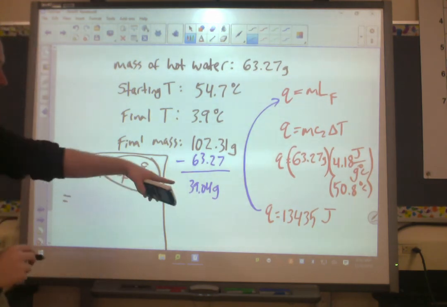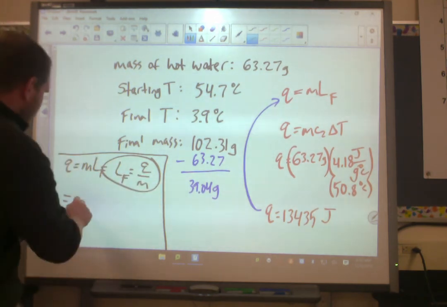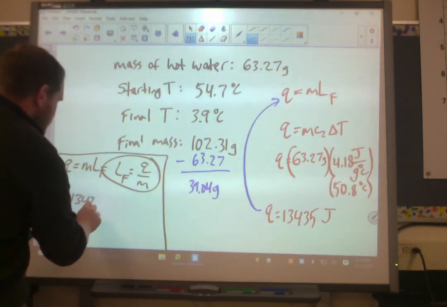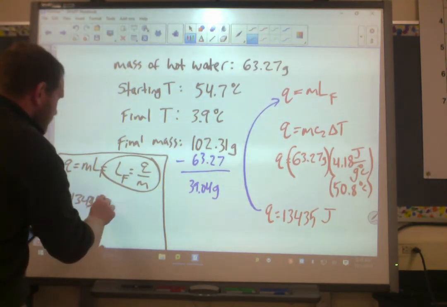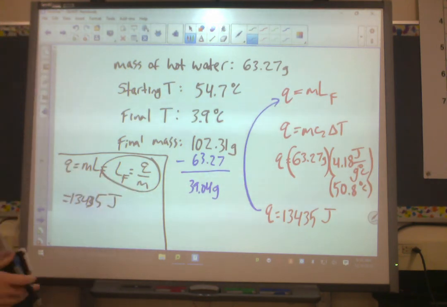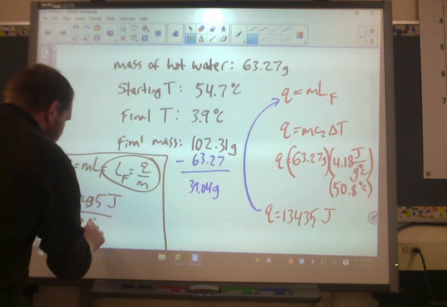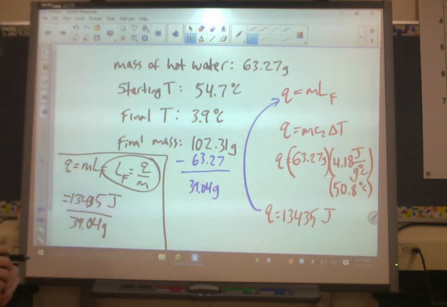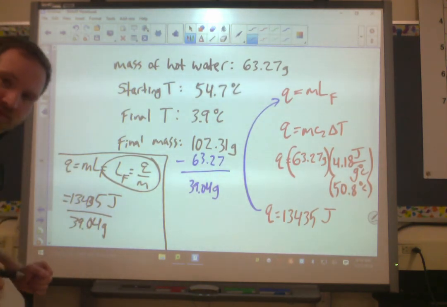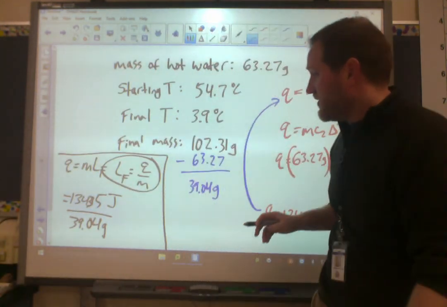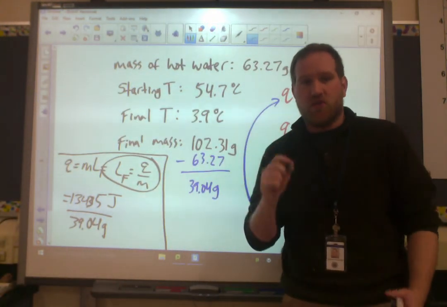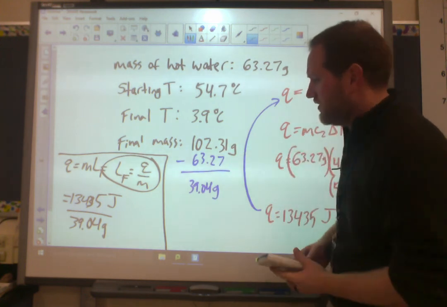LF equals Q is 13,435, and include your units. That's joules. M is the mass of the ice, which is 39.04 grams. So look at the units. Does anything cancel? No. And that makes perfect sense because the unit for latent heat of fusion is joules per gram. It's the amount of heat per gram of material.